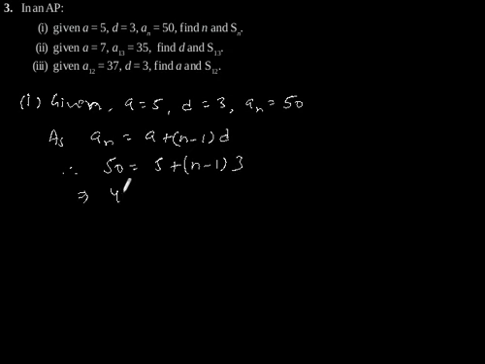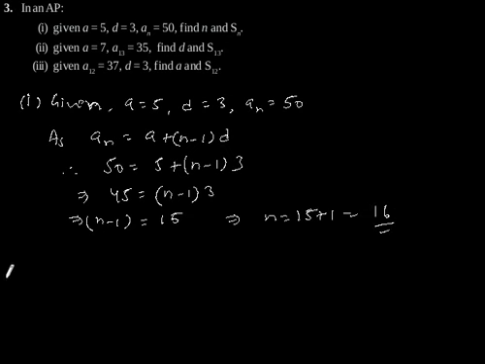This gives 45 is equal to n minus 1 into 3, which implies n minus 1 is equal to 15, which implies n is equal to 15 plus 1, which is equal to 16.